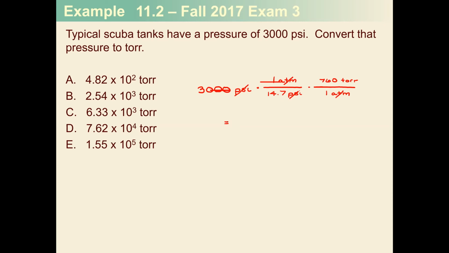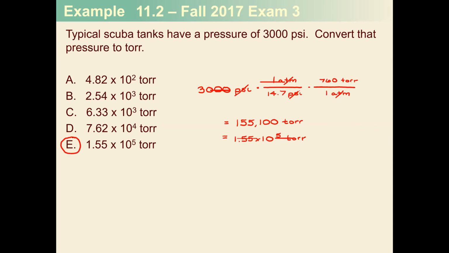If I do that, you should get a value of 155,100 torr. If I go and do my scientific notation, that should be 1.55 times 10 to the 5th torr. And you will see that by my answer selections, that should be answer E.